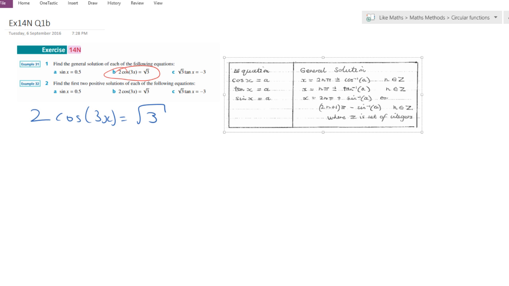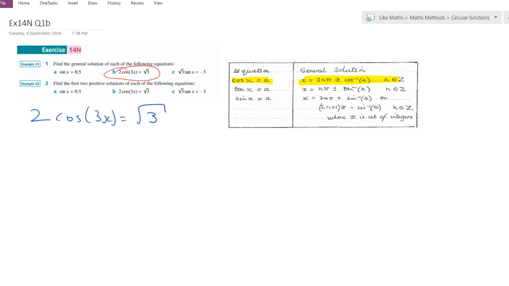Now, to begin this, the way that I approached it was actually do something a little different. I was getting confused between the x's in the general solution and the x's in this one, so I'm going to cheat a little bit, and the formula we're going to use will be the cosine one, this one here.